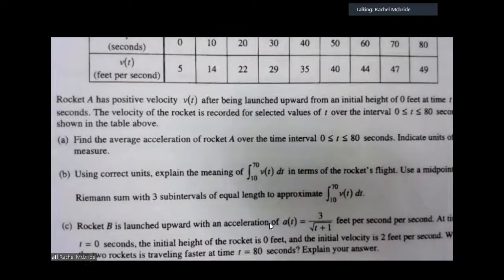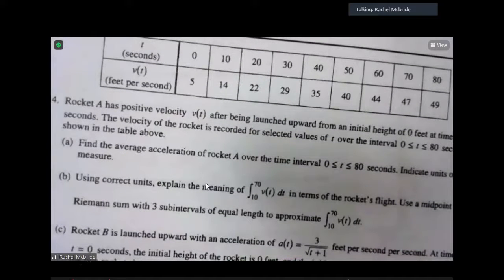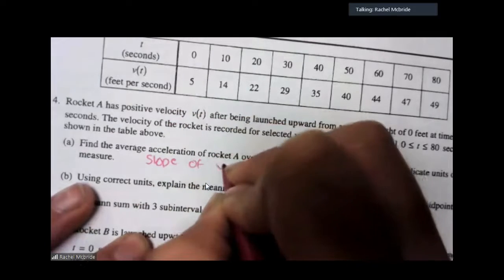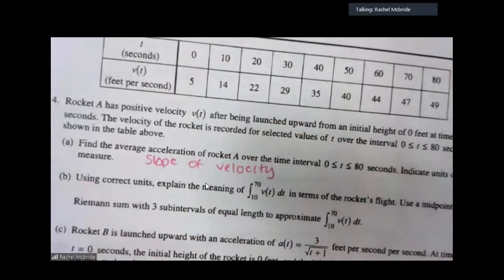So for part A, it said find the average acceleration of the rocket. If you're given velocity, average acceleration is another way of saying the slope of velocity over that time interval.